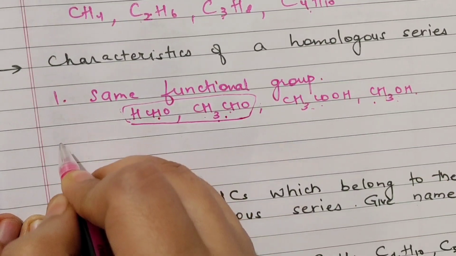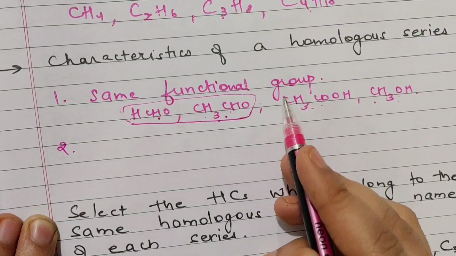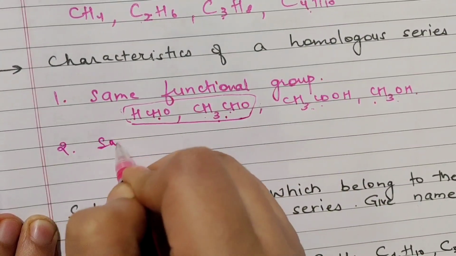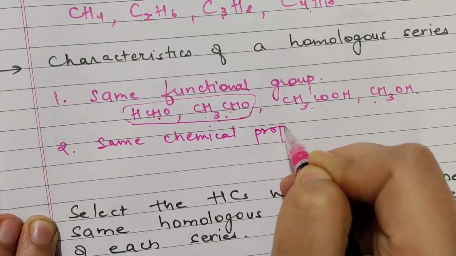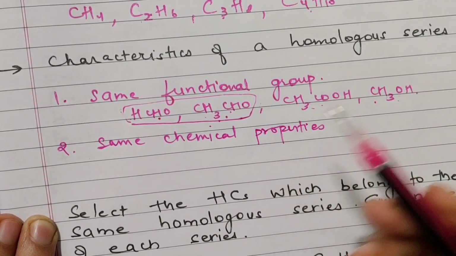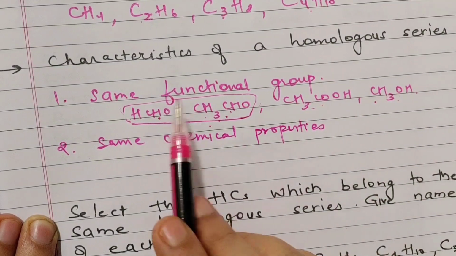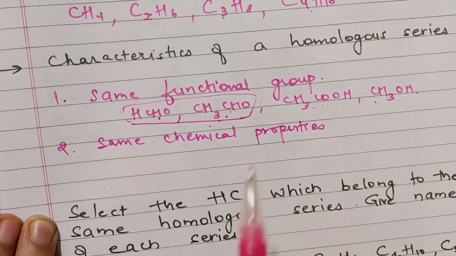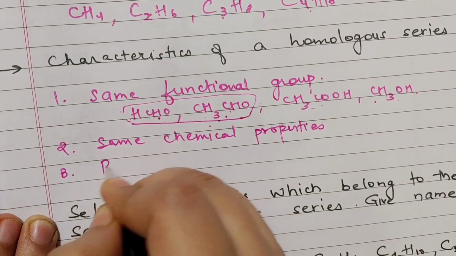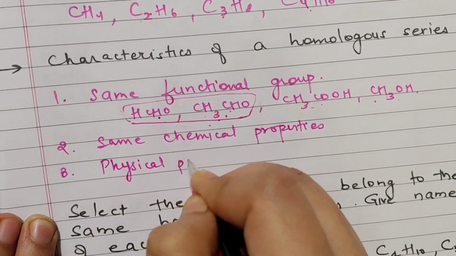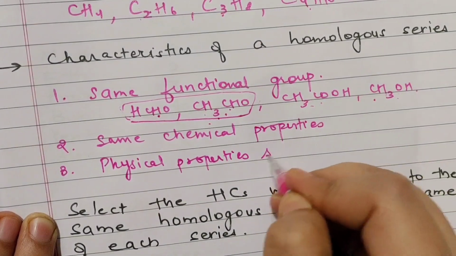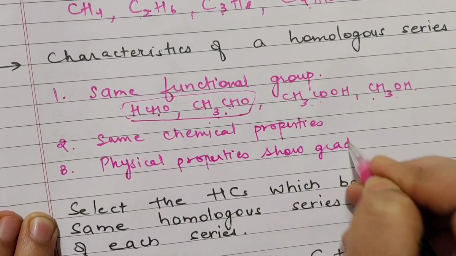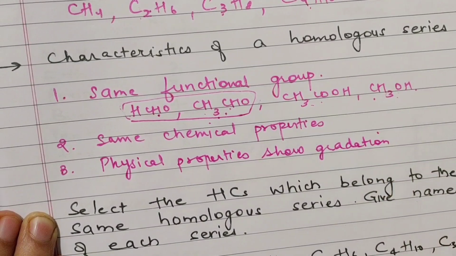That is one point. Second point is, since they have the same functional group, they have same chemical properties. That means they will react in the same way. What about physical properties? Physical properties along a homologous series show gradation. Gradation means a gradual change.